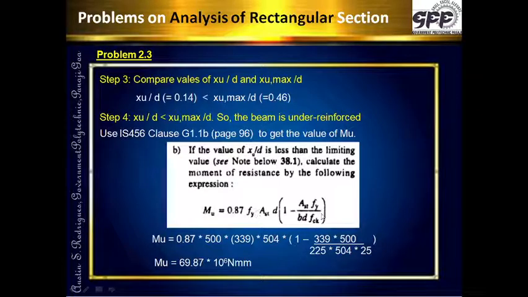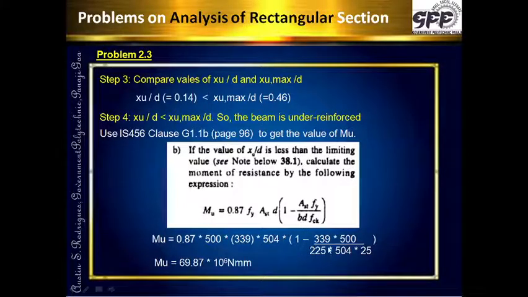Now let us look at the values which we already have. 0.87 is known. Fy, the characteristic yield stress in steel, is given to be 500. The area of steel has been already calculated as 339. The effective depth has been calculated by us as 504. 1 comes down as it is, minus area of steel 339 multiplied by Fy, 500.